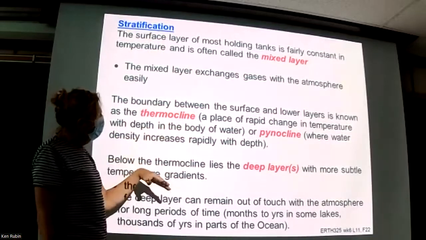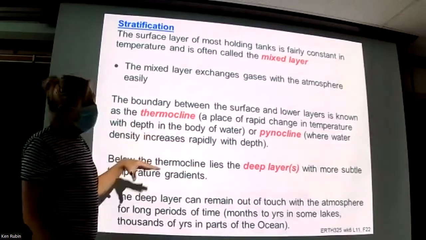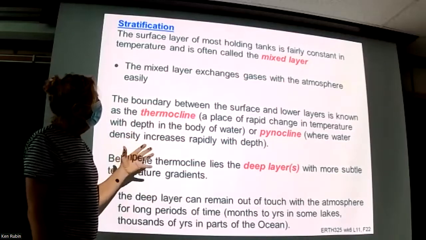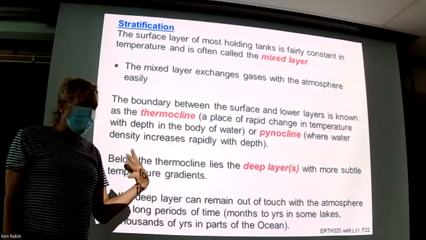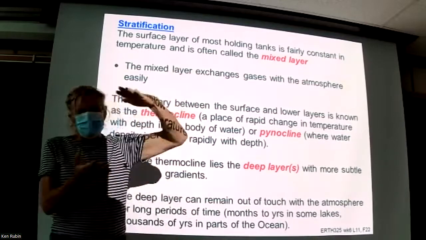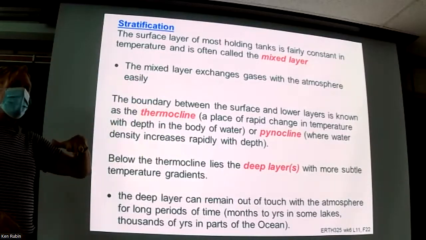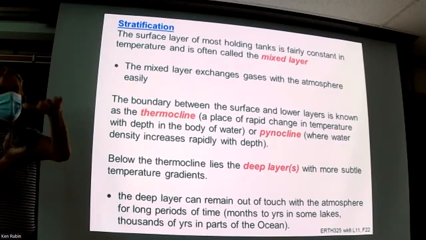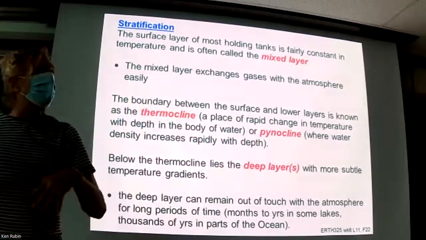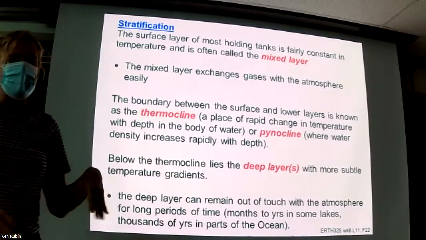I have a plot of this in a second, you'll see it, but we can see that the way heat is absorbed into these bodies of water can then affect whether or not that part of that body of water can exchange with the atmosphere, right? In a stratified body of water, the upper mixed layer can freely exchange with the atmosphere, but everything below that that's stuck in this deep layer can't. This is below these transition zones that basically have developed to prevent water from the deeper parts of a stratified body reaching the surface.